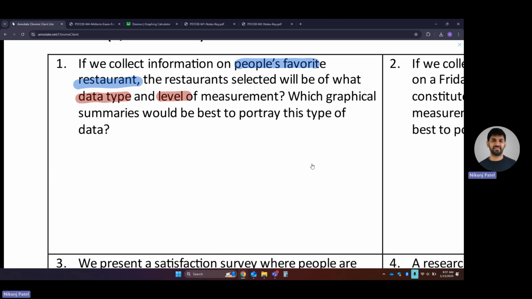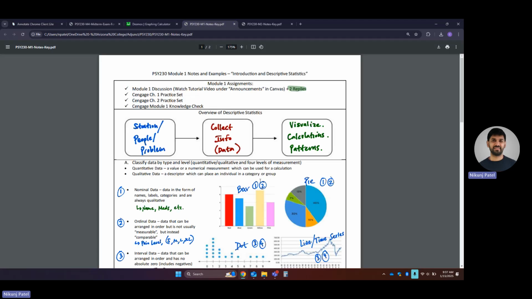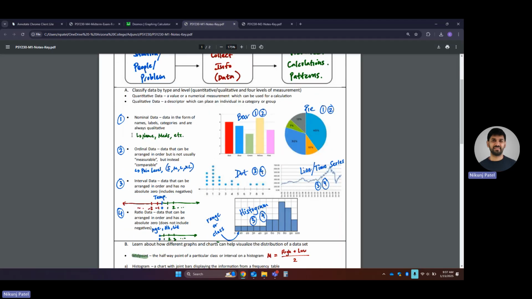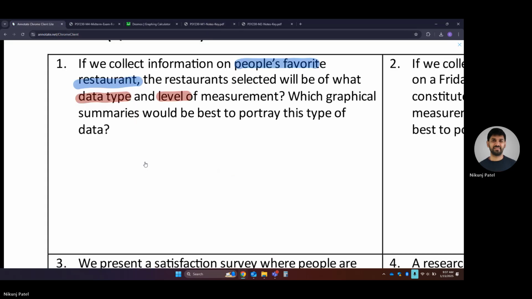And so looking back at your notes from Module 1, in box A, we talked about the 2 types of data, qualitative and quantitative, and then the 4 levels: nominal, ordinal, interval, and ratio. So for the type of restaurant, since they're responding with a name, let's first address what type it is.